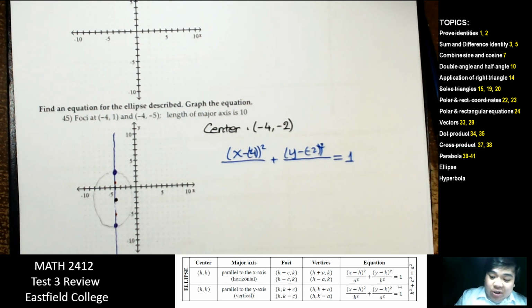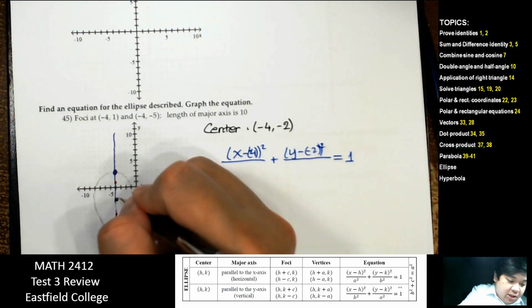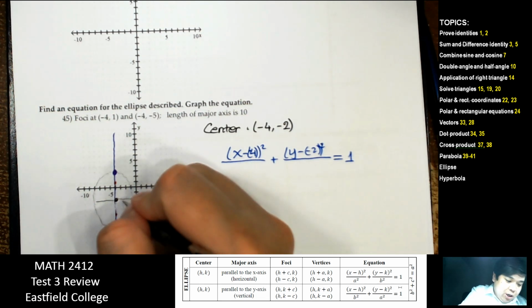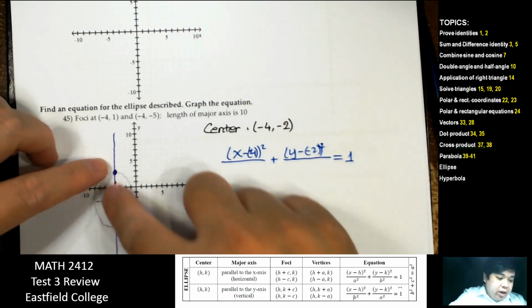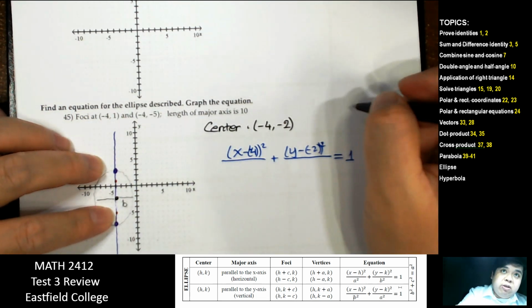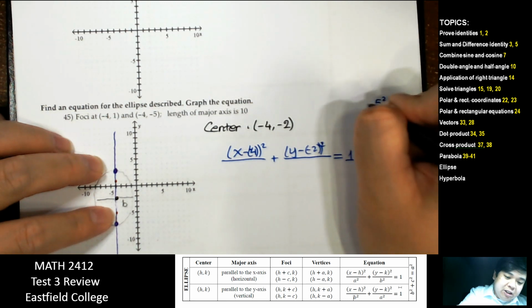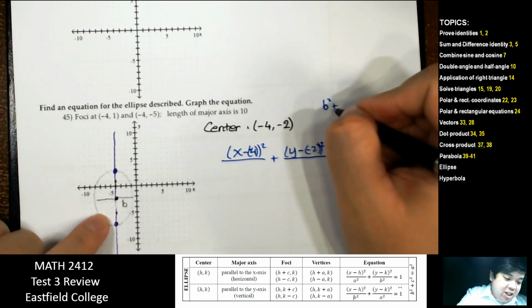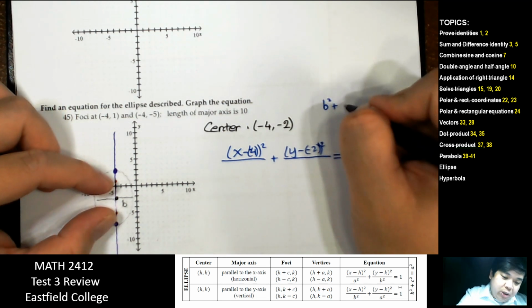The only thing we need to determine is the width on that side of the ellipse. So that will be b. In this ellipse, 5 is the biggest distance, so we put 5 squared by itself. Then we have b squared, which is smaller, and c squared, which is 3.